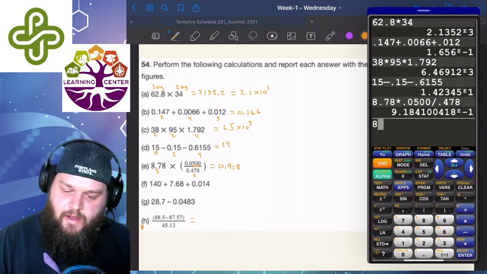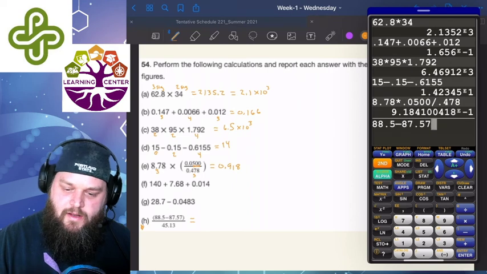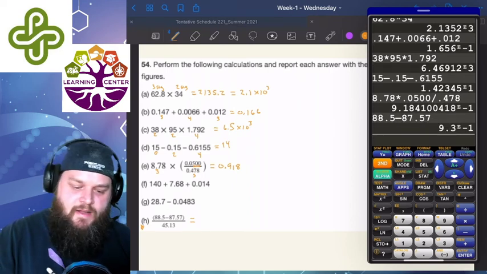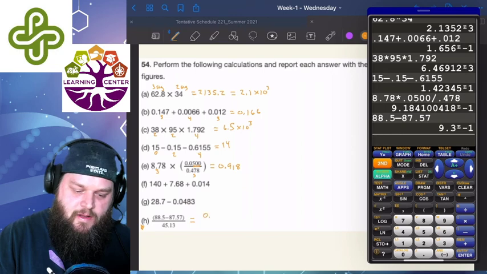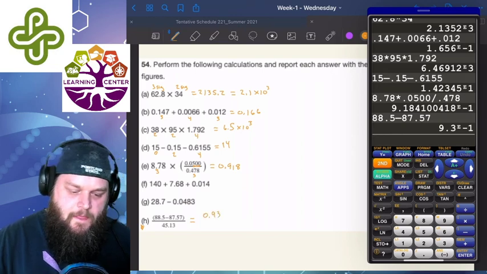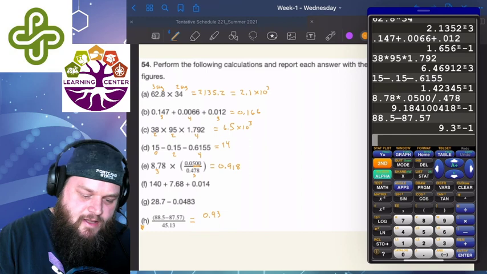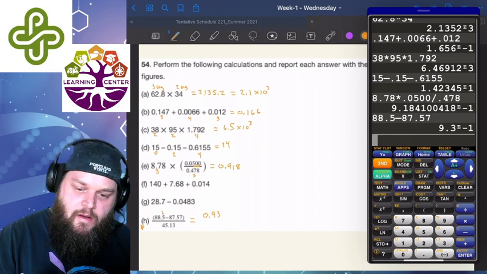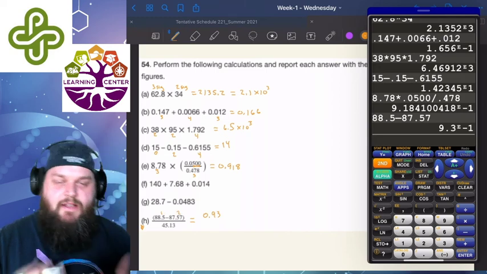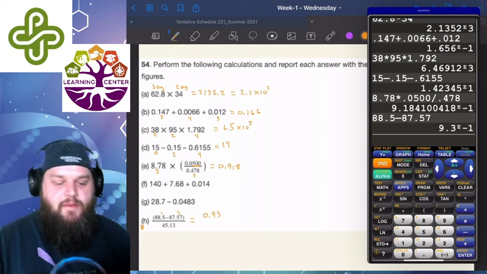If I do 88.5 minus 87.57, that is going to equal 0.93. But notice the last significant digit. I'm sorry, this has 1 decimal place, and this has 2.